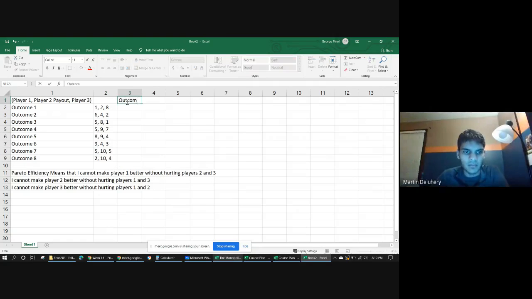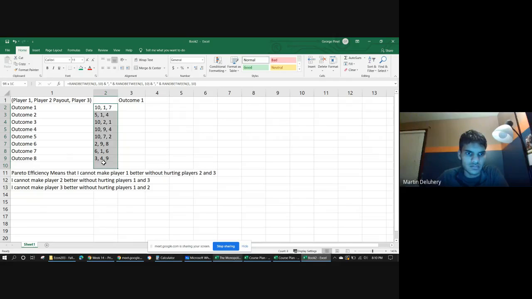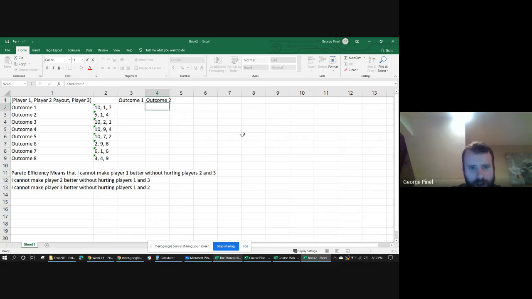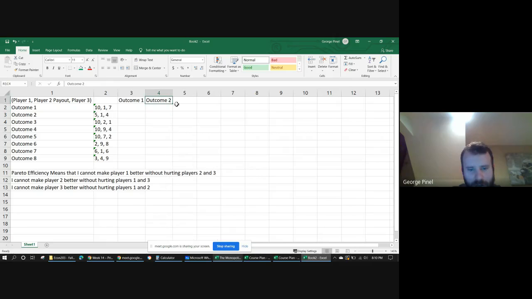I want to stop them from random number generating, so I'm just going to paste them as numbers. This is a lot of work, but it's a lot more than what you actually need to do. I just want to be as clear as possible. Usually you can just eyeball them and eliminate a bunch.